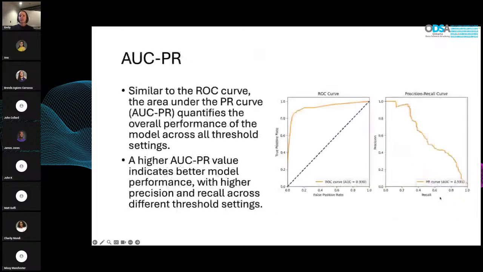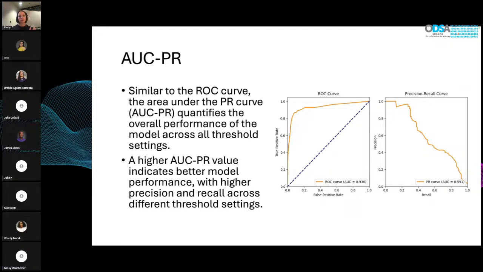Okay. So when we look at the area under the curve for this one, again, we can do the same thing, look at the AUC, the area under the curve, to get one representative value of how that model performs across all the various thresholds to quantify that overall performance across threshold settings.